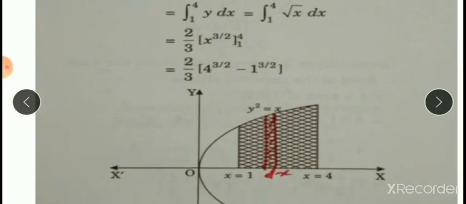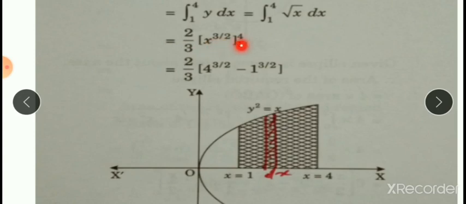Why are we integrating with respect to x? Because our strip is running along x-axis. You know that root x, its integration is x^(3/2) upon 3/2. That is denominator 3/2 means it is 2/3 in numerator.